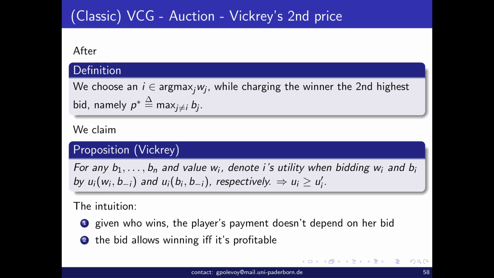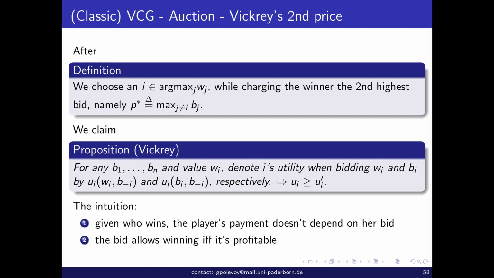Here I want to emphasize that these bids do not have to be true values. Whatever the bids are, of course they usually will be true values, because we will make it weakly preferable for you. It will be a weakly dominant strategy for everyone to bid the true value, but it does not have to be.